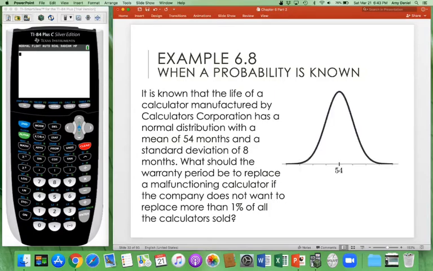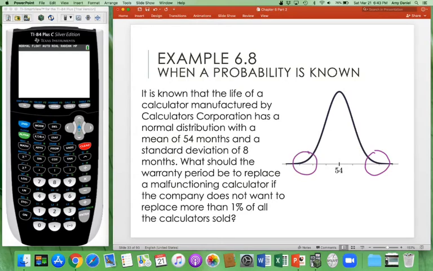Again, we're going to draw our normal distribution. This one's got a mean of 54 months. That is the average lifespan of this kind of calculator. And again, you have to ask yourself where this x value is going to be. The calculator company wants to not replace more than 1%. So do they want to guarantee a high number way up here on the right-hand side, or do they want to guarantee a low number down here?